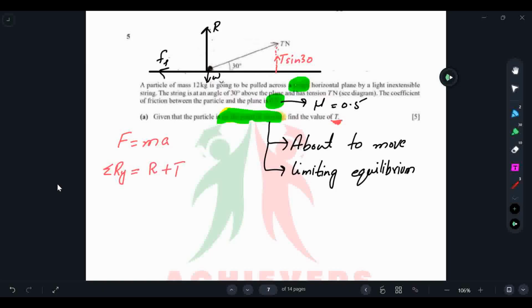Then we have the other vertical component towards the downward side, which will be minus W. There is no acceleration, so we can write R plus T sin 30 minus mg, where W equals mg, m is 12 and g is 10, equals ma. The mass is 12 and the acceleration is 0 because the particle is not moving.